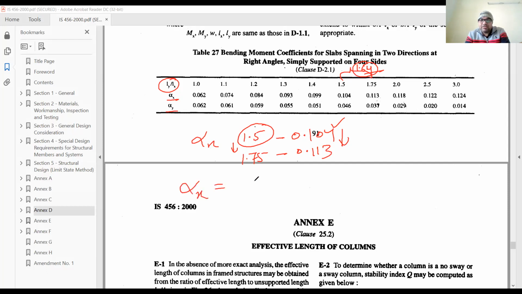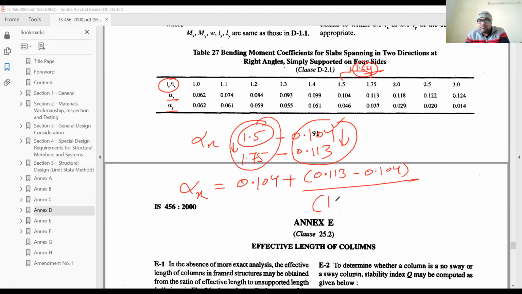Using the interpolation method, we can find out 0.104 plus the difference of 0.113 minus 0.104 upon the difference of 1.75 minus 1.5, multiplied by the value of lambda that we have in the question, which is 1.64 minus the lower value of lambda, which is 1.5.